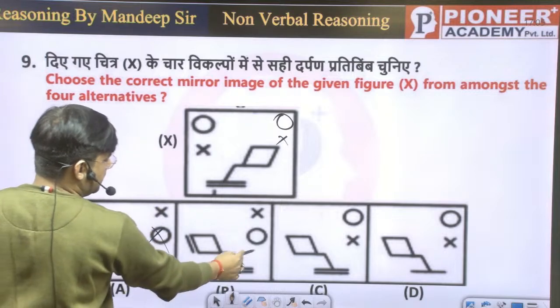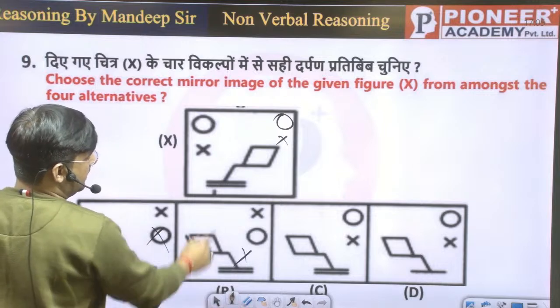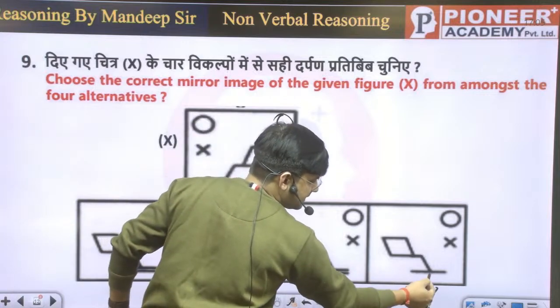So there are two lines, but in the D option there is a single line.